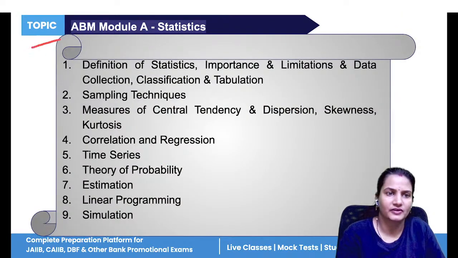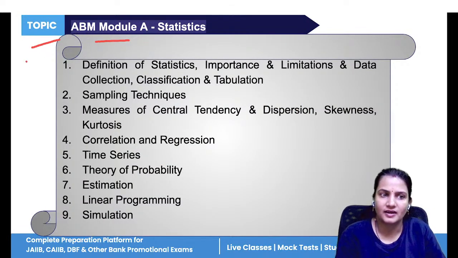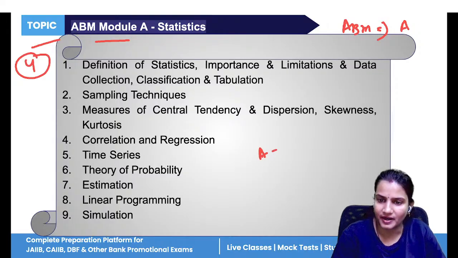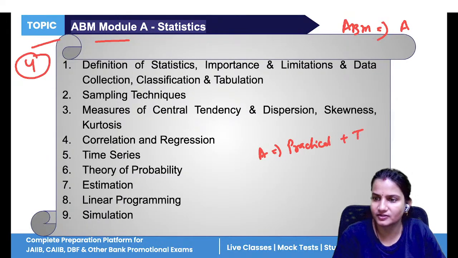Now, we know that in every paper there are 4 modules. In ABM, module A is entirely a practical module, and the theoretical questions will be asked from the practical questions only. Module B is entirely theoretical.